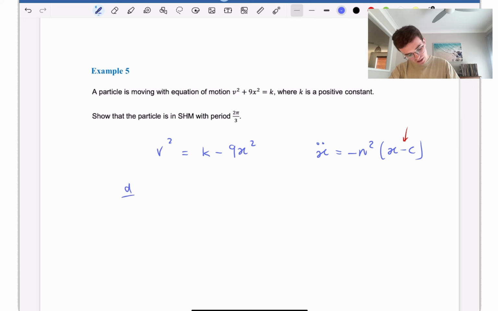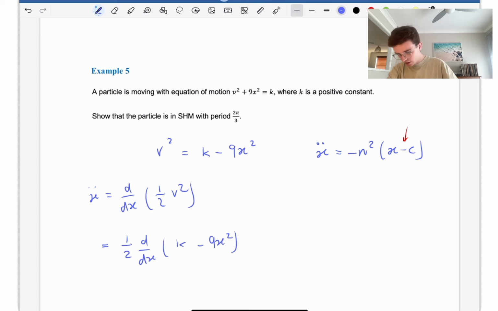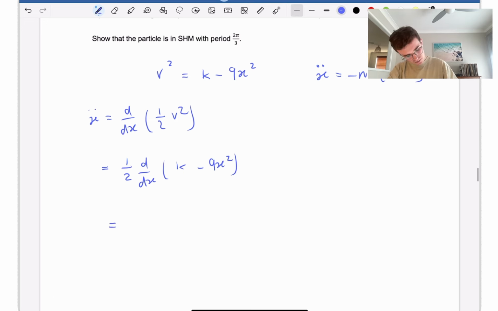Now, the way we've seen to differentiate this is to realise that x double dot is d by dx of half v squared, which is going to be, we can't really half this because they're both odd coefficients, so we're going to leave the half out there, and we're going to find d by dx of just k minus 9x squared, which is going to be minus 18x times by a half, which is minus 9x.